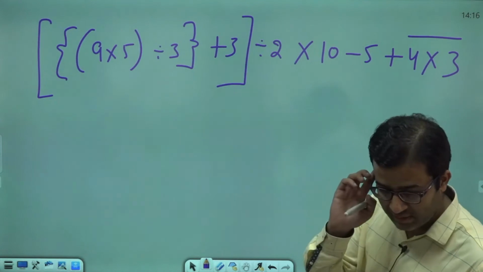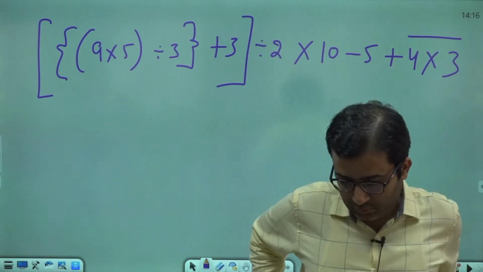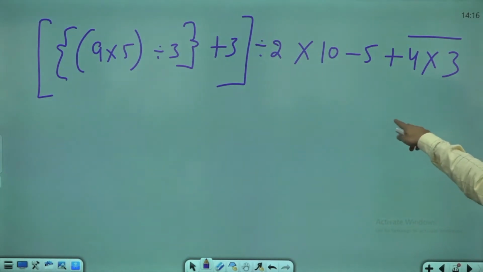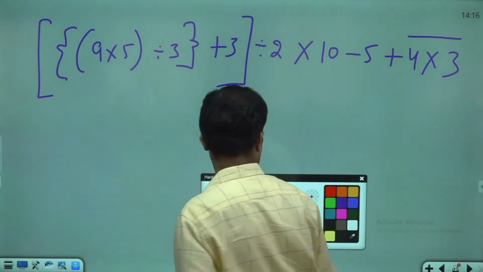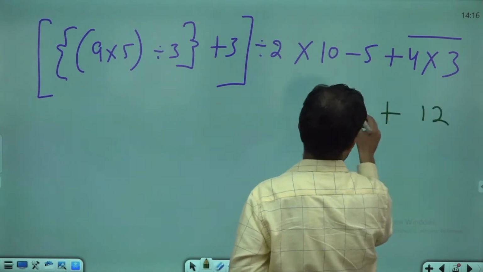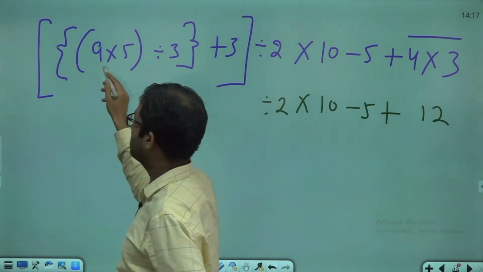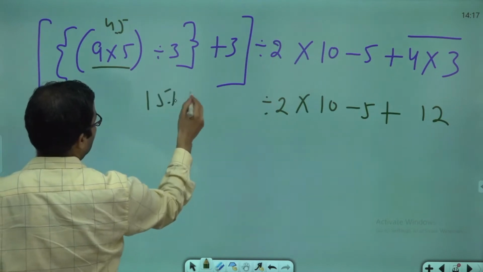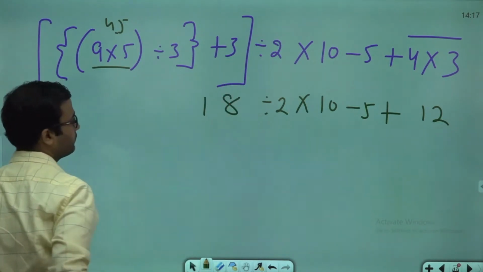Sir, where did you bring this extra 3 from? Did someone take this -17 in the last? Okay, see, first this is 12 minus 5 is 10, here in this bracket 45 divided by 3 is 15, plus 3 is 18, so this entire bracket gives you 18.